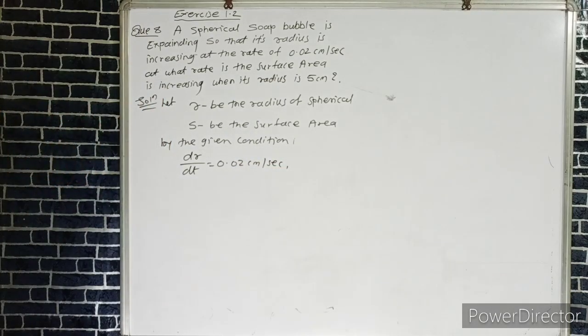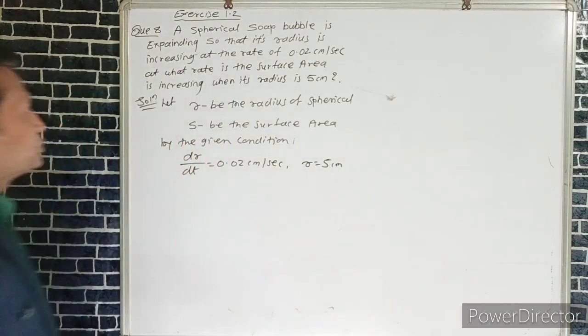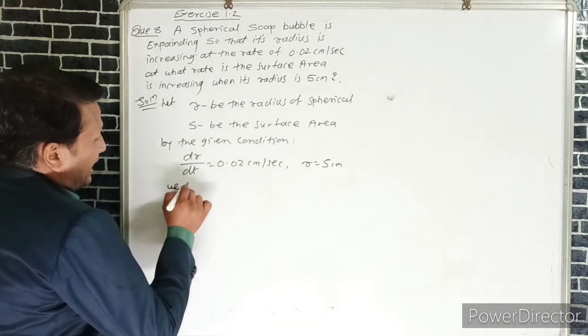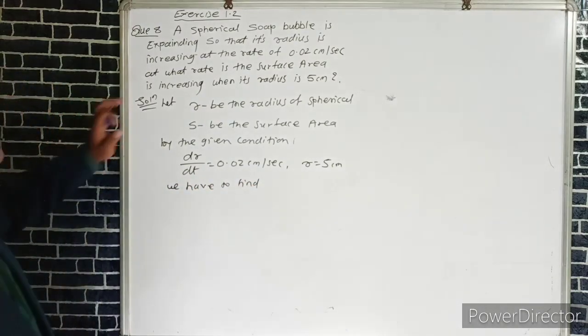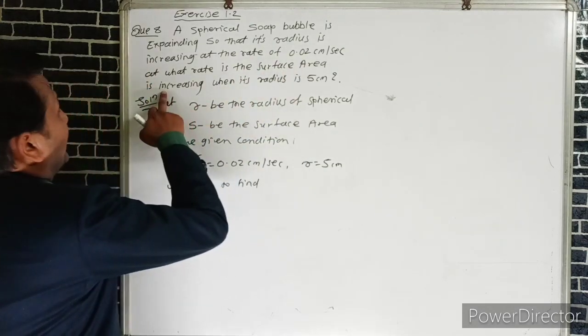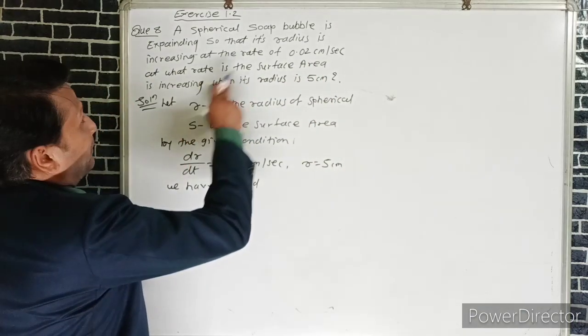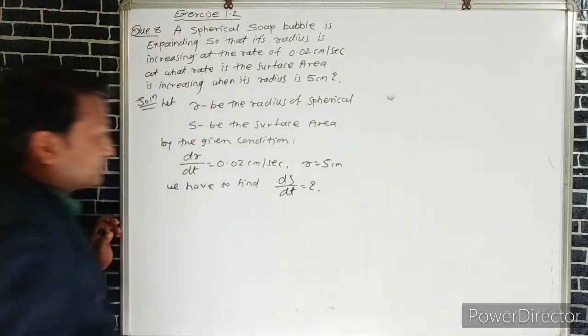When the radius is 5 centimeter, r is equal to 5 centimeter. So now we have to find the rate at which the surface area is increasing when r is equal to 5 centimeter, meaning we have to find ds upon dt is equal to what?